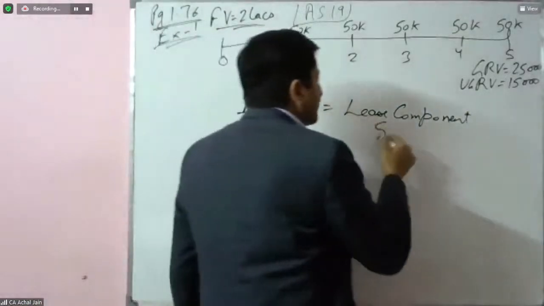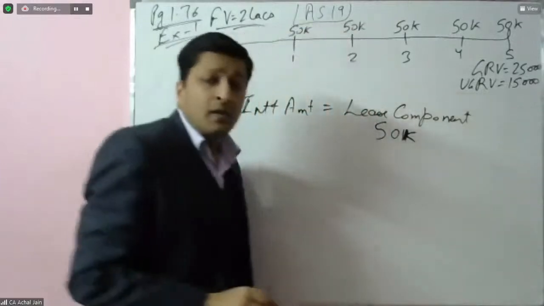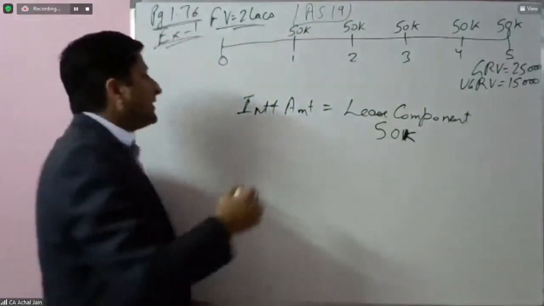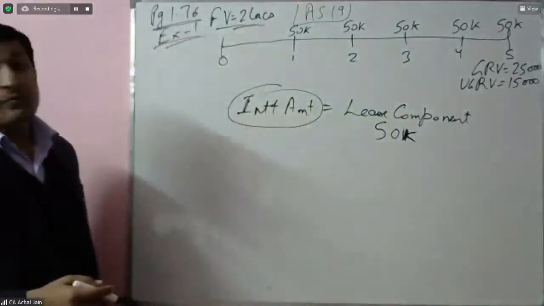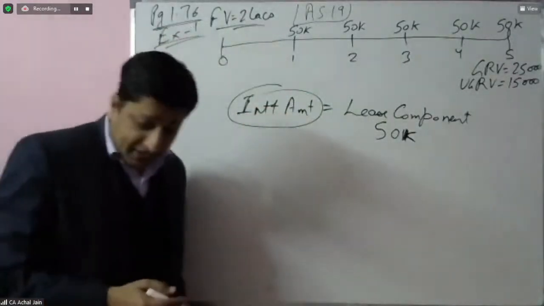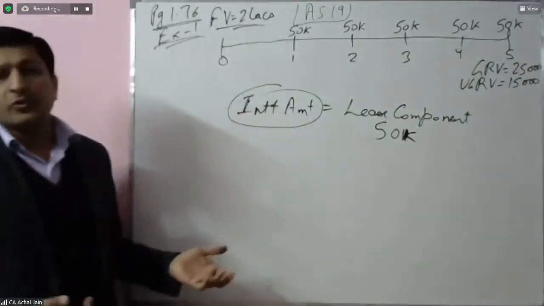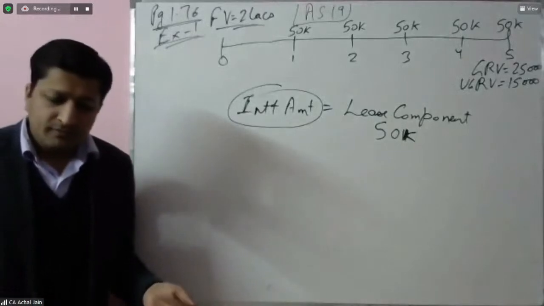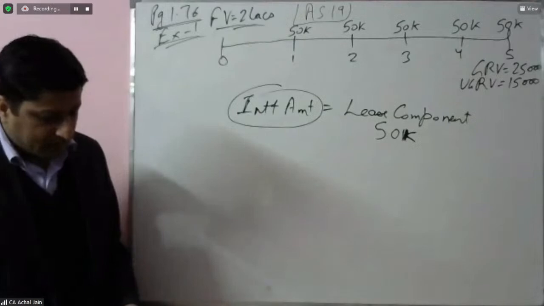It's 50,000. So now in this 50,000, we need to compute the interest amount. Number 1. And we also need to bring out the rate of interest using which this interest would have been computed. Understood? So this is the requirement that we need to work on.